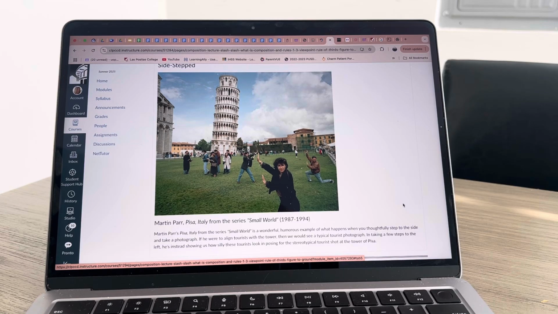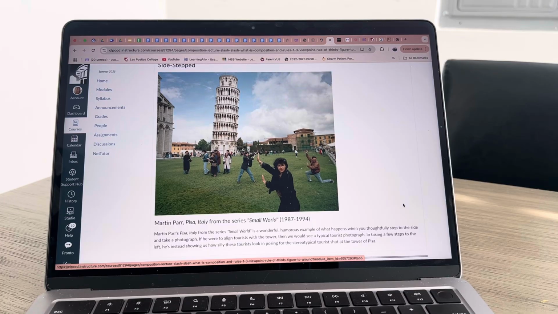If he were to align the tourists with the tower, then we would see a typical tourist photograph. But by taking just a few steps to the left, he's instead showing us how silly these tourists look in posing for the stereotypical tourist shot at the Tower of Pisa.